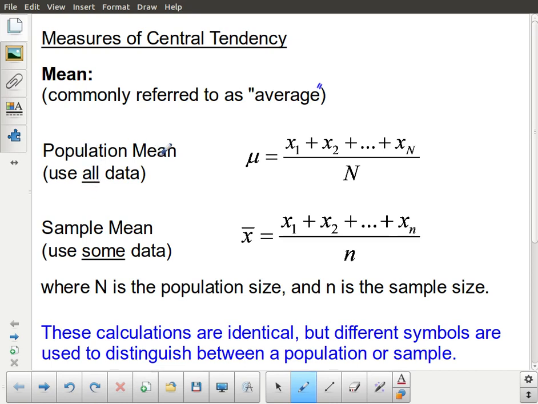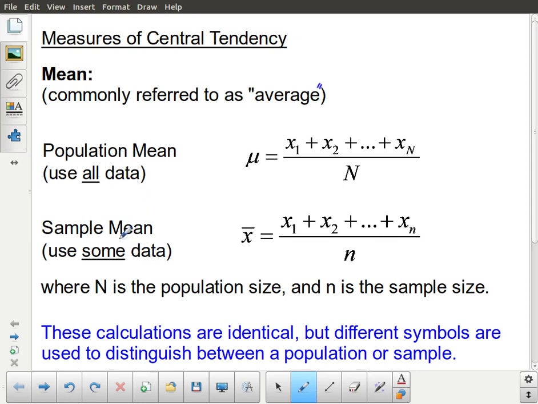When you do a population mean, that means that you have access to every single piece of data in the population. So if you were doing some sort of data collection on an entire school, you would have a data item for every student in the school. Then you could do a population mean.